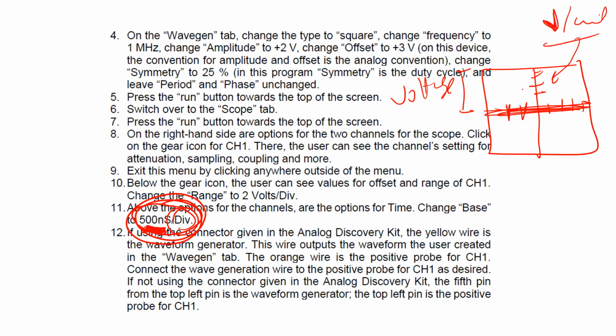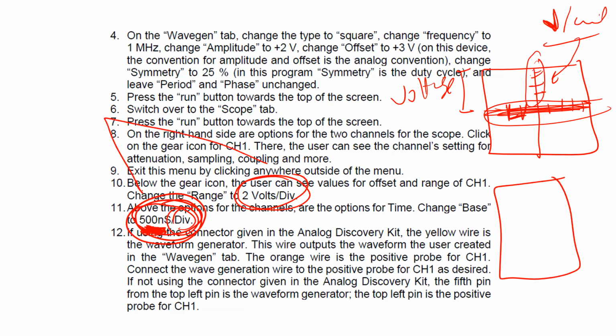So two things you need to select. One related to the y-axis, one related to the x-axis. The one related to the x-axis gives you how many seconds per unit or per division. Here, how many volts per division. For example, 2 volts per division. So every division is 2 volts.